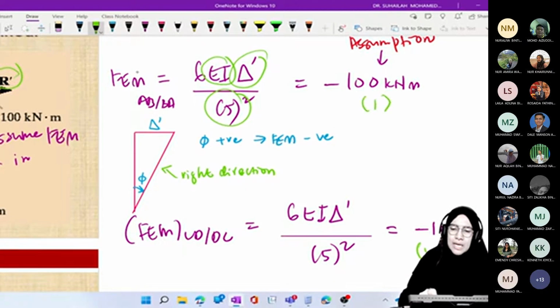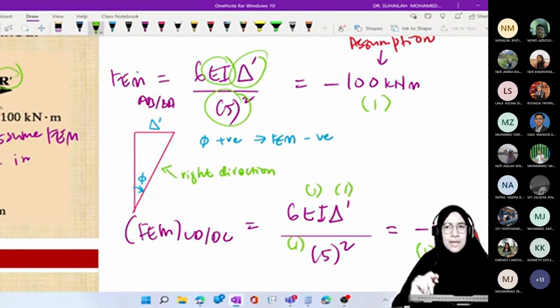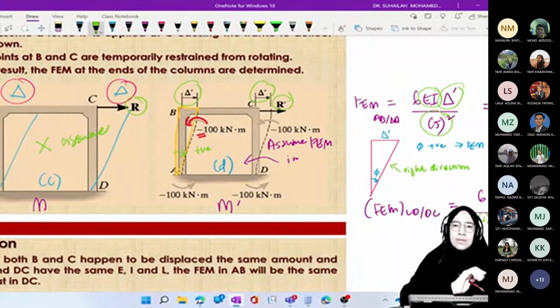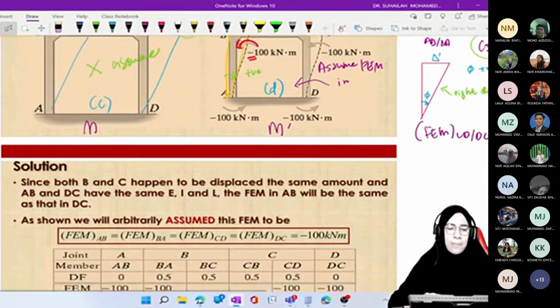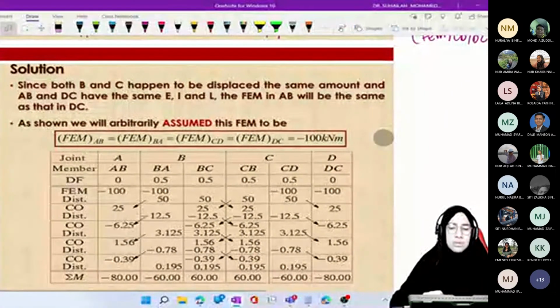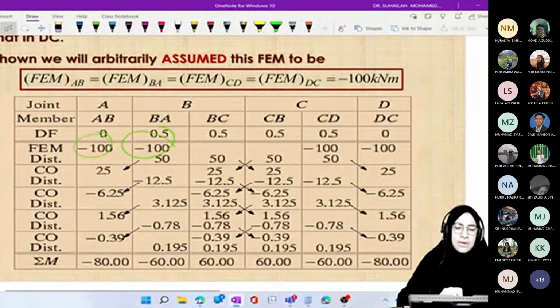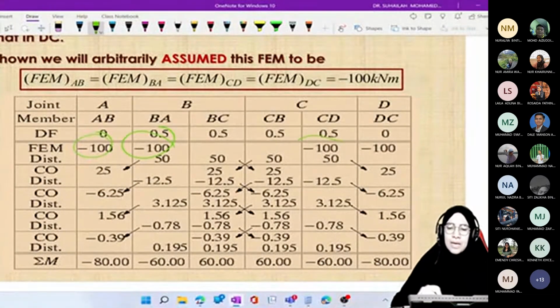So ni ratio dia apa? 1:1 kan? Because ratio sini 1, ratio sini 1, ratio sini 1. That's why you get the same. That's the idea. Yang ni straightforward. You dapat jawapan. So we use negative 100 for AB, and negative 100 for CD.